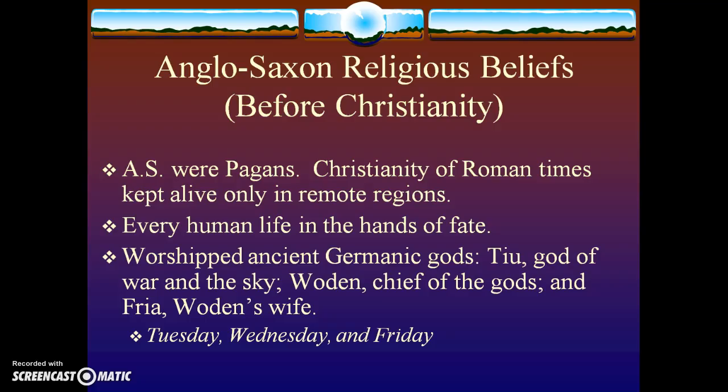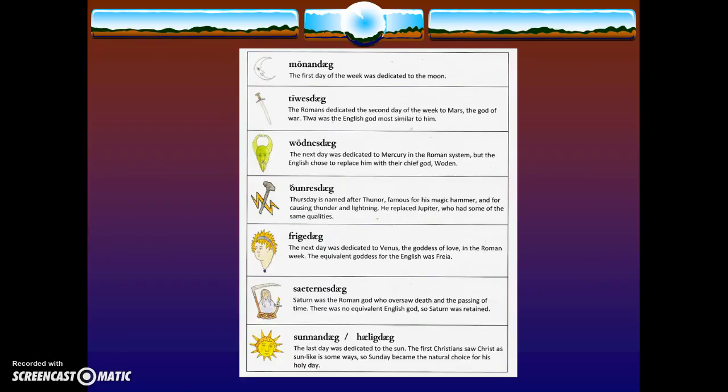And these names we still have around today because they inspired the names of the days of the week that we have, including Tuesday, Wednesday, and Friday. So for instance, Monday was named after the moon, Moon Day, Monday. Tuesday was named after the god of war, named Tiwa, or Tuesday. Then we have Wednesday, or Woden's Day, which is named after the god Woden.